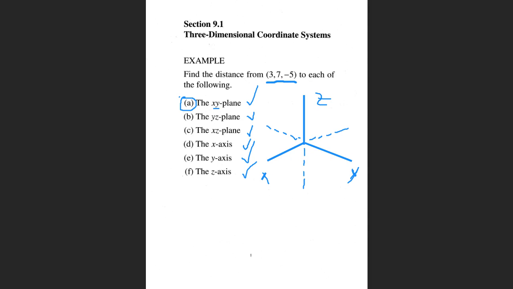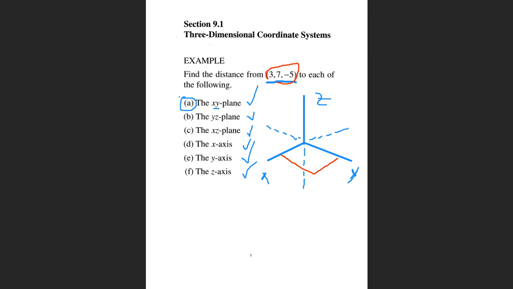You don't really even need to use the distance formula. Hopefully you can see that intuitively. So the xy plane is there, and this coordinate here is 5 units below the xy plane.